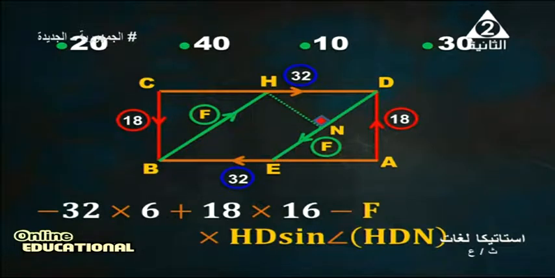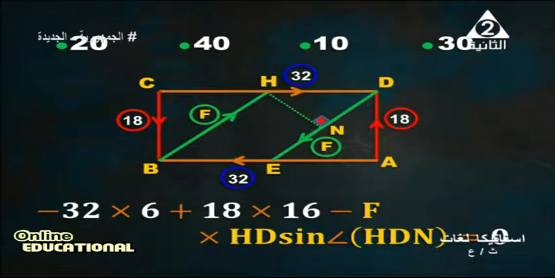Therefore, how many couples? 3 couples. The summation of the 3 couples must equal 0 in equilibrium. The first couple, negative 32 times 6. Second couple, 18 times 16. Third couple, F times the distance HN, which equals HD sine angle HDN.